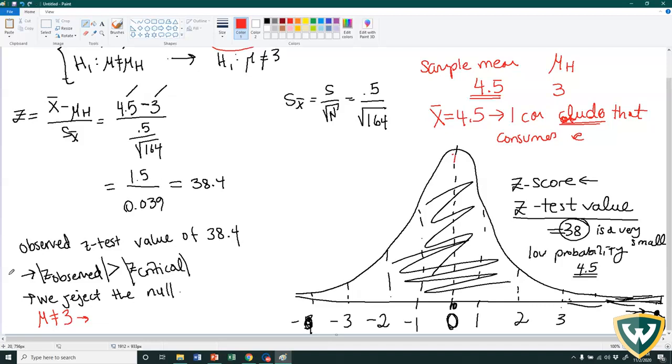I may ask you in the exam a question along the lines of this example, and I may ask you guys to tell me whether you reject the null or not, what your z value is, z observed test value is, etc. But I will always give you the z critical, so this is a 0.05 level of significance, so you know that 95% confidence interval is always associated with a z critical score of 1.96.